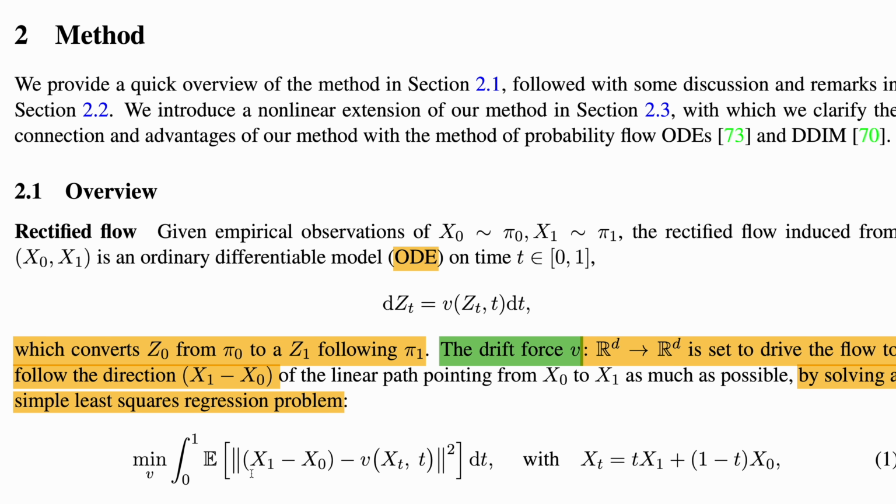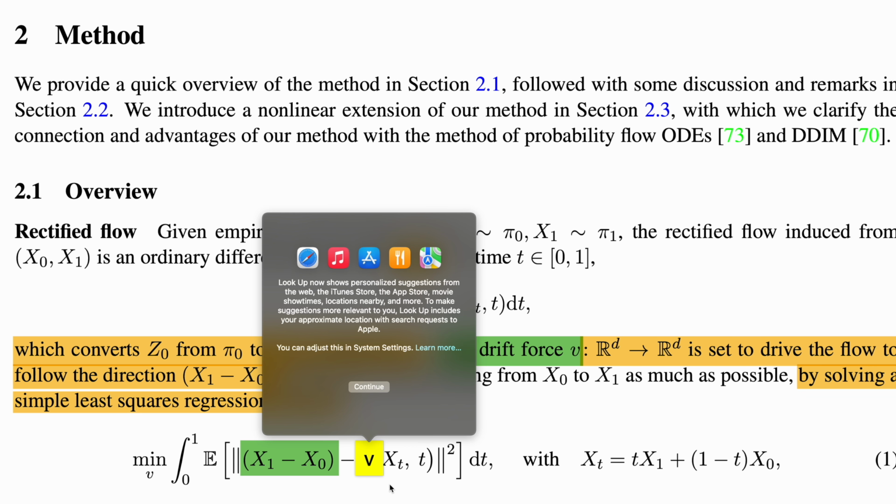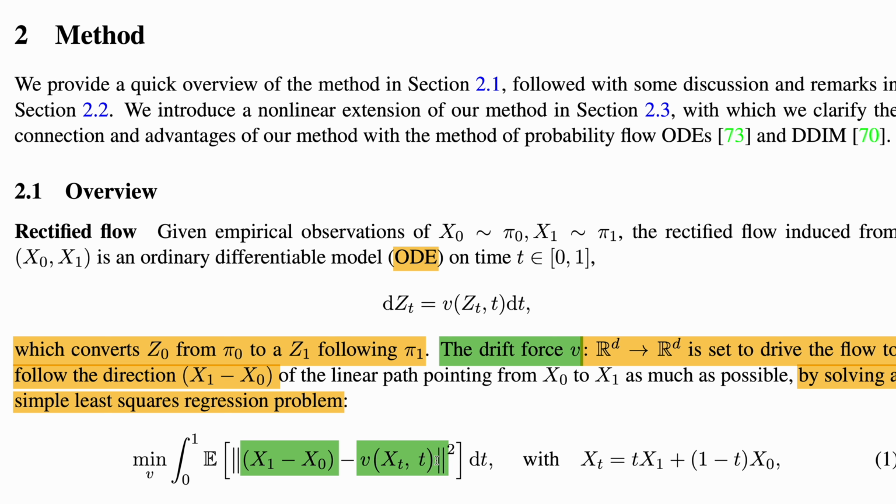On one side we have the ground truth velocity, on the other side we have the velocity predicted by the model, and we train our model so that we minimize this MSE, this squared error between the ground truth velocity that we have access to during training and the one predicted by the model.